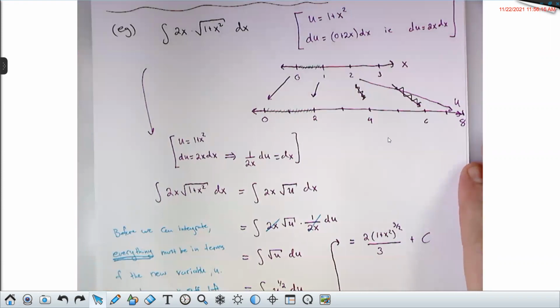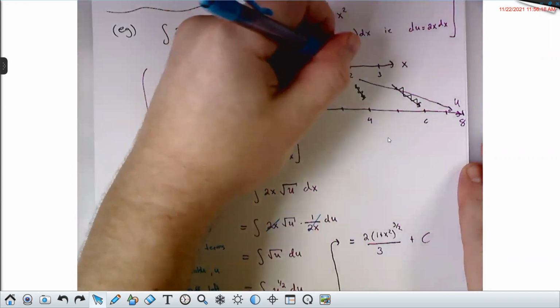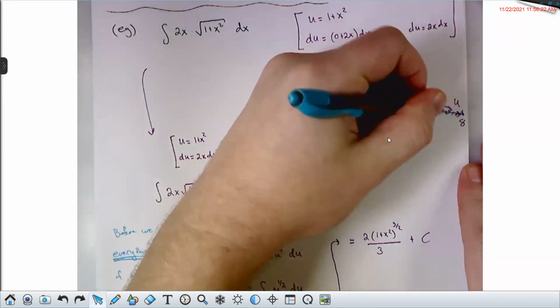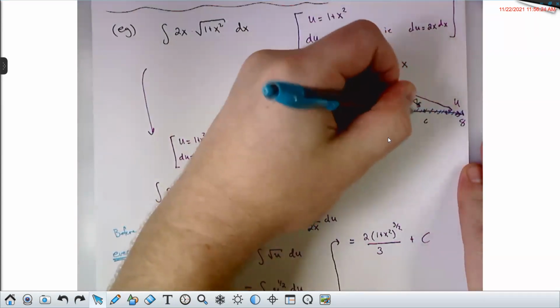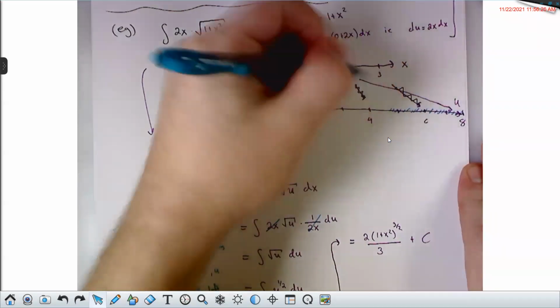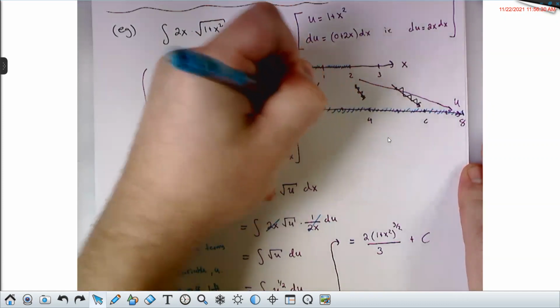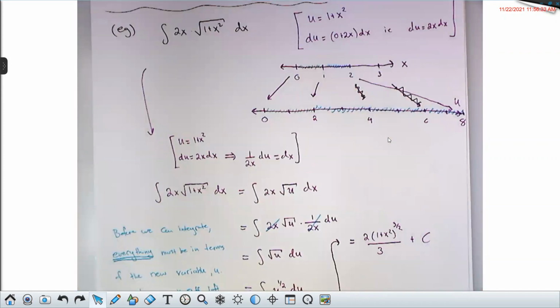And then the 1 to 2 piece gets stretched all the way to the 2 to 8 piece down here. So we're stretching the x-axis by different amounts in different parts. Pretty cool, right?